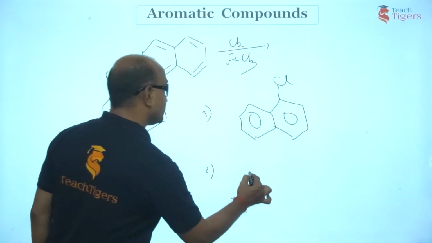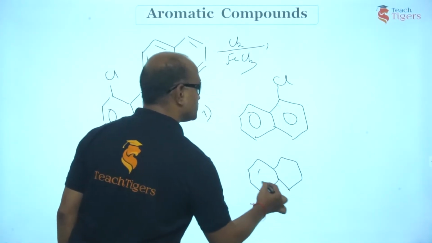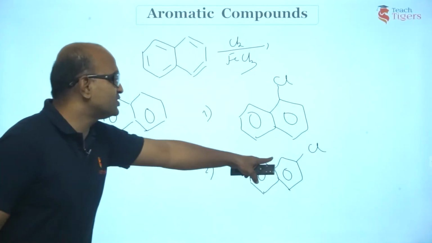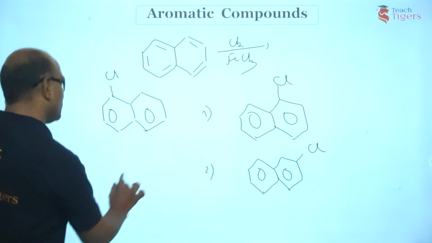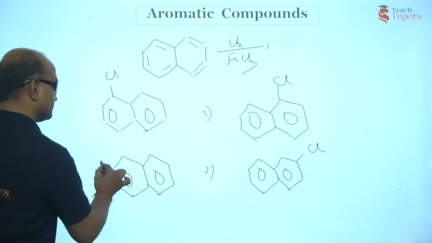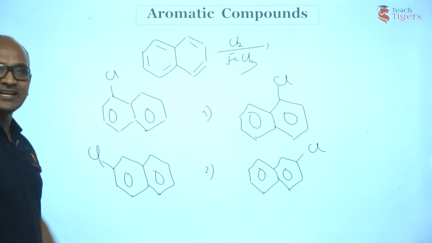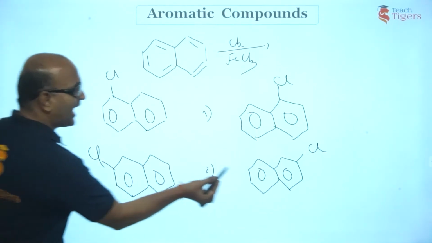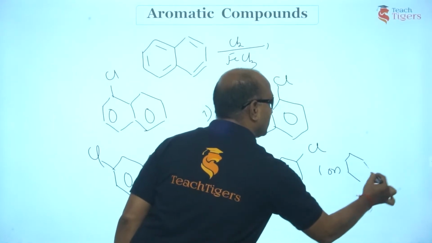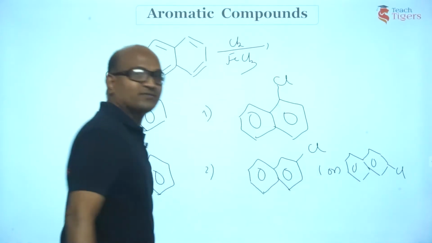Second, I see here. Guys, see what did I do? This is what I have. This is one chlorine atom, right? This is another position. Can you see? Now if I do this, both are the same. Am I right or wrong? Is this clear? Or guys, if I add another chlorine atom here, say, or I write this here, they are one and the same.